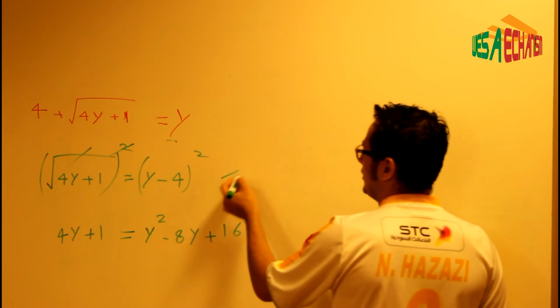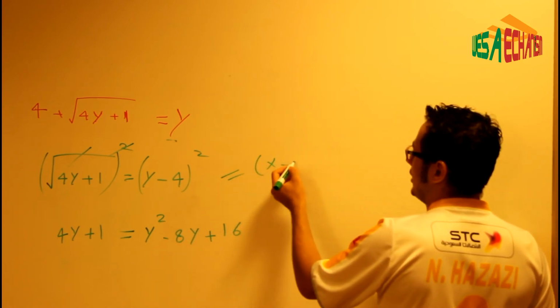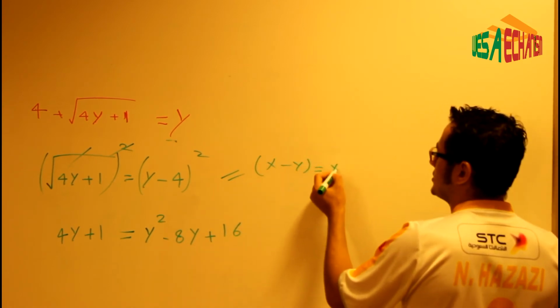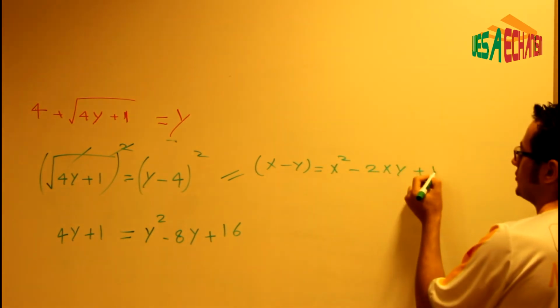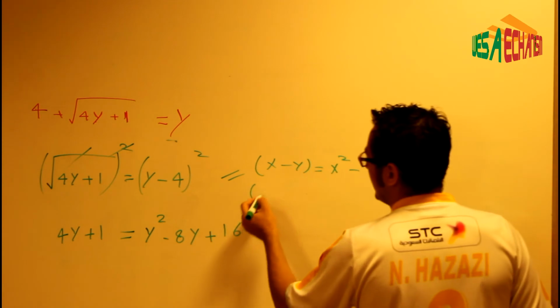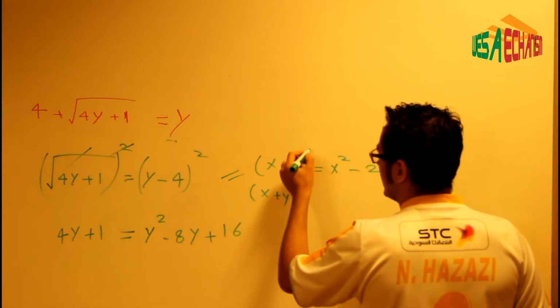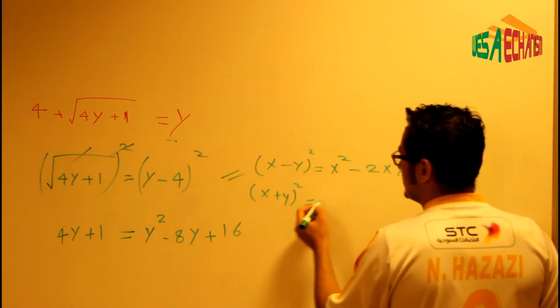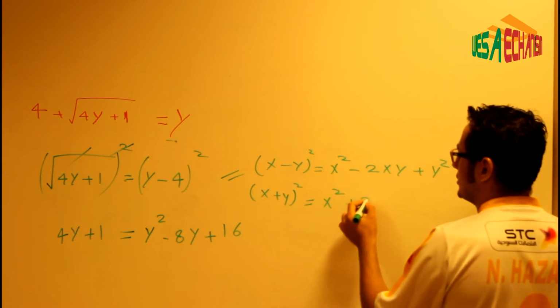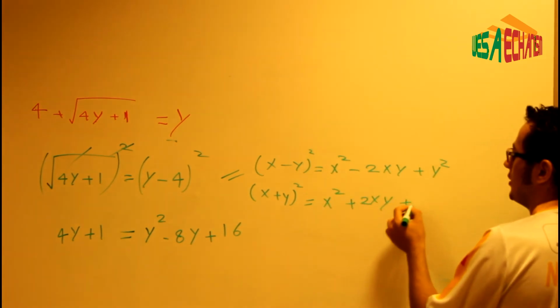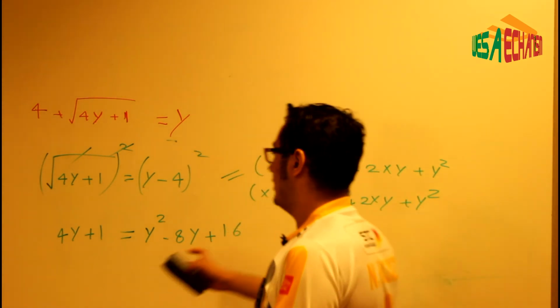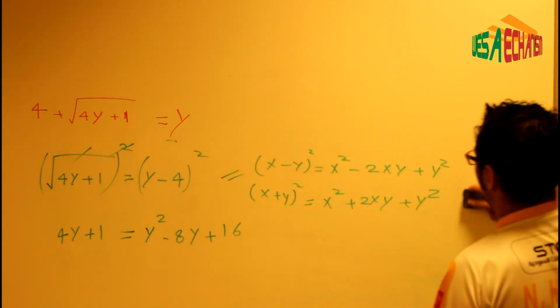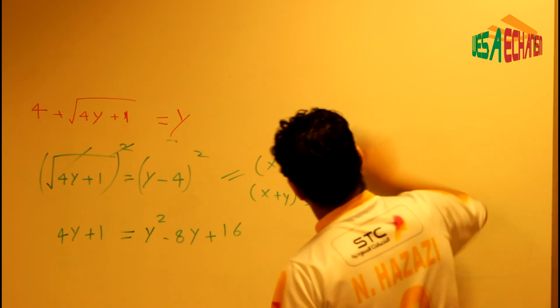Because we have a rule which says that x minus y squared equals x squared minus 2xy plus y squared. Another rule is x plus y squared, which equals x squared plus 2xy plus y squared. You have to make sure that you know all the rules.